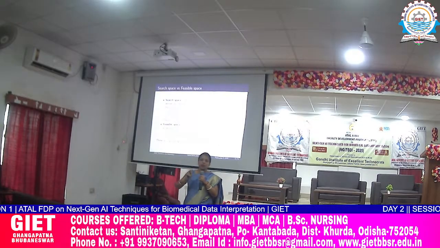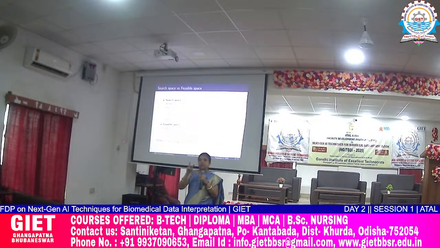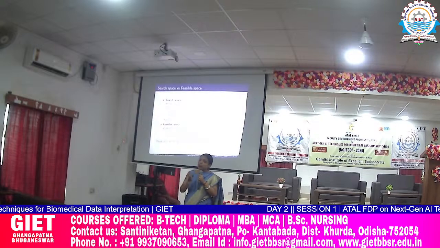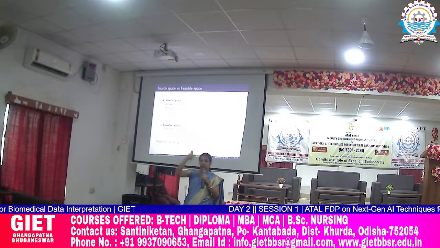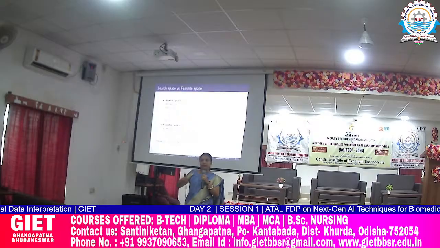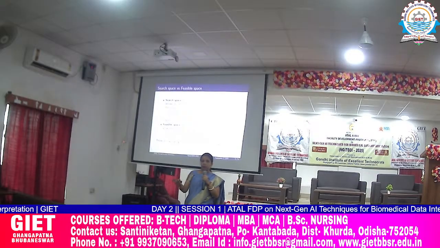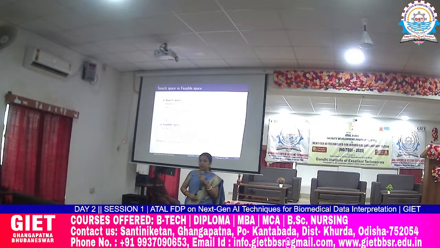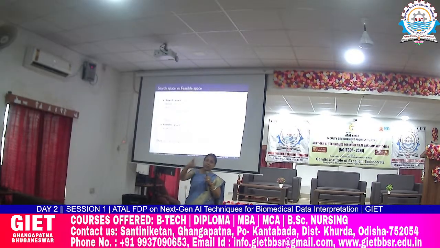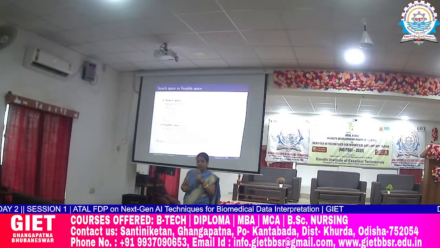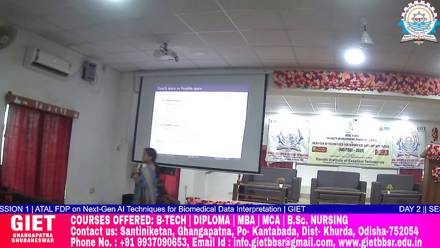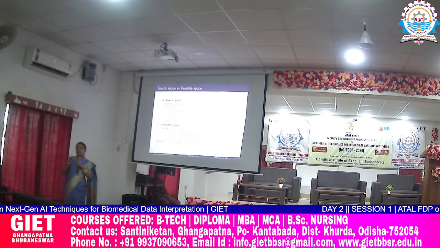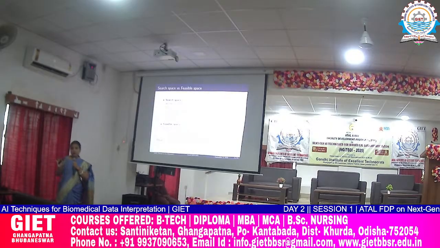Now they are having the constraint: the students having CGPA greater than or equal to 8 are eligible. So from the entire search space, they will do the filtering of the students who are having CGPA greater than or equal to 8. That is your feasible space. So feasible space is always a subset of the search space. The entire space of searching is known as search space, and the space satisfying the constraint is known as your feasible space.